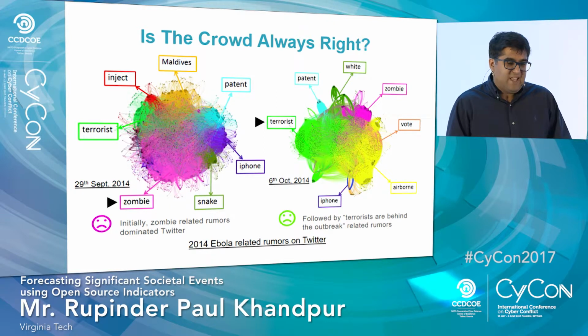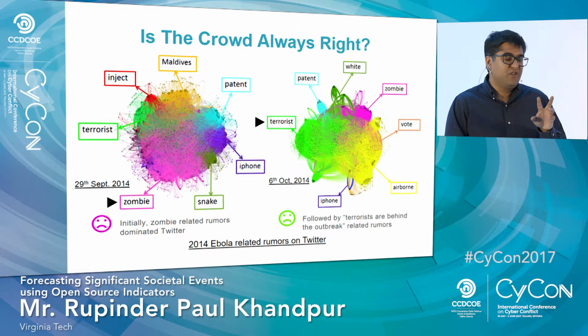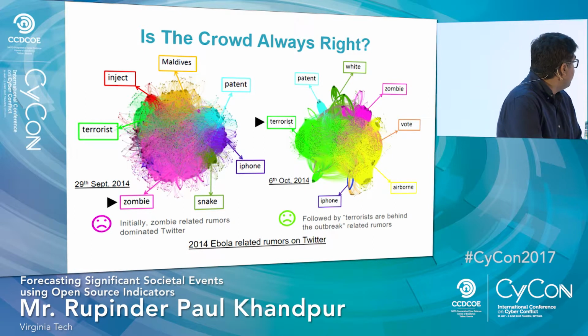For example, in this case, we show you two networks at different snapshots. The first snapshot is on 29 September 2014. This is during the Ebola crisis, the rumor mill that started off during the Ebola epidemic. And you'll see the big pink one here.